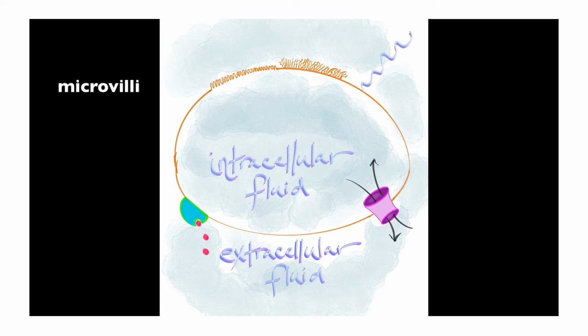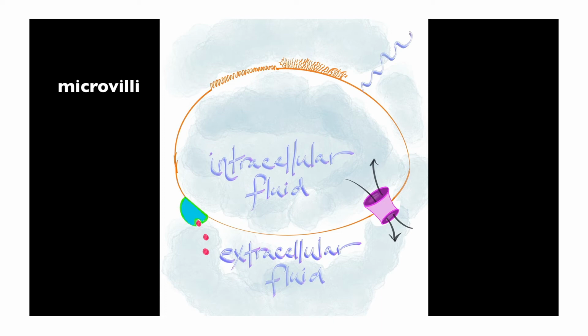I'm not suggesting they're not going to be on parts of the plasma membrane that don't have microvilli, but the greater the surface area of a cell, the more opportunity to have activity for that cell, things moving in it, things binding to it, any sort of metabolic activity.